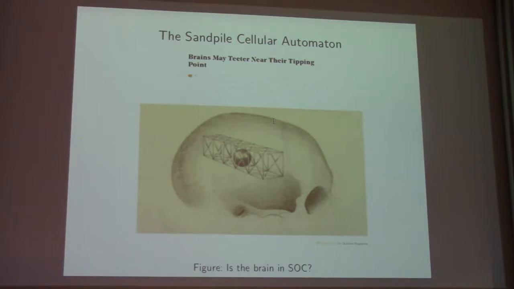But now they have these things that they use at CERN, these things to measure very fine things. Now they measure when one neuron turns on another neuron and another neuron, and how many neurons, and they measure these avalanches.